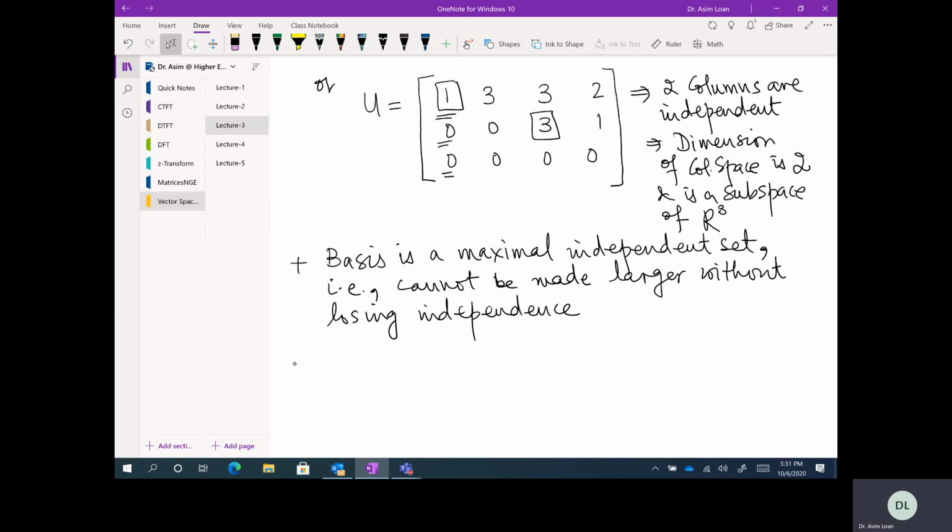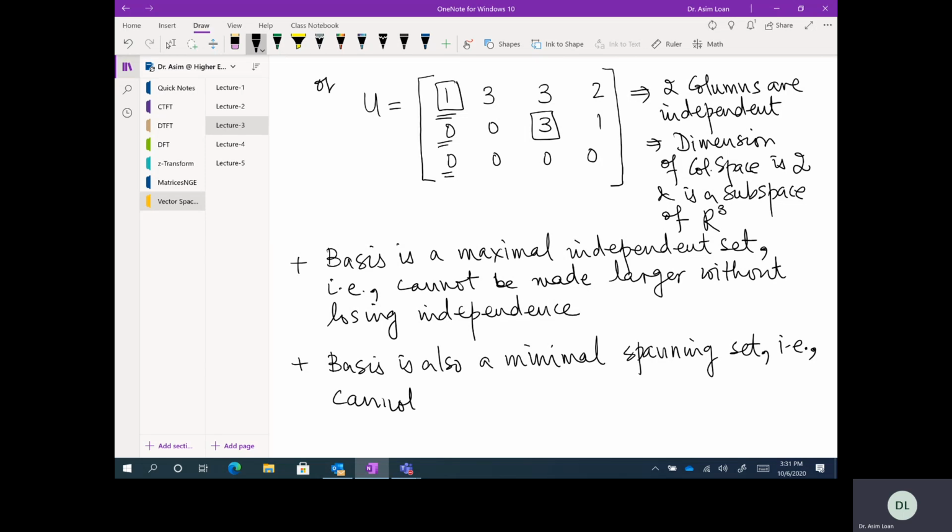And a basis is also a minimal spanning set, that is, it cannot be made smaller and still span the space.